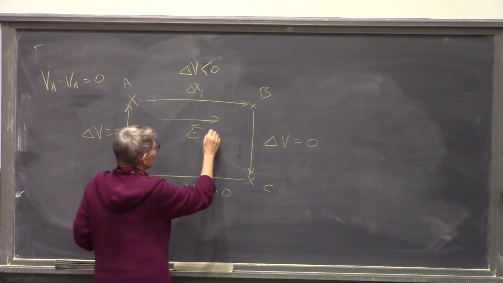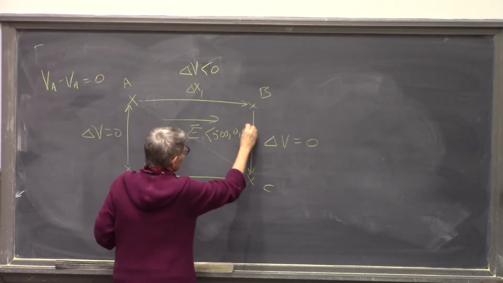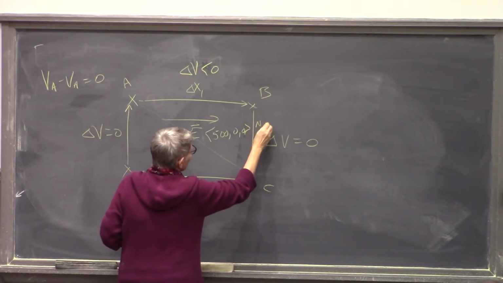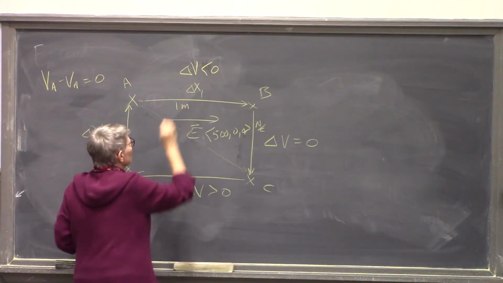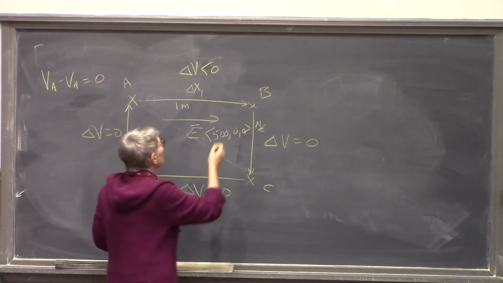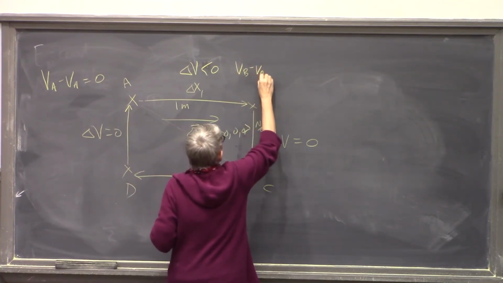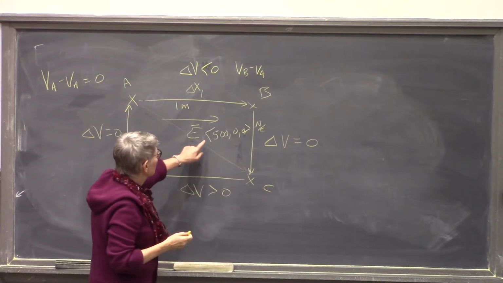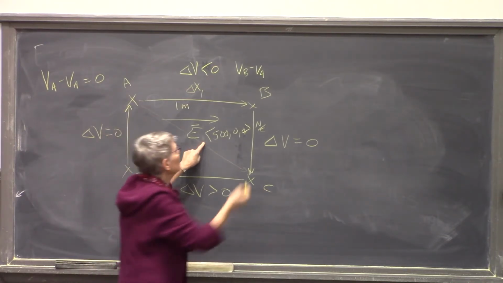So this is 500 newtons per coulomb, and let's say this distance is 1 meter, just to make our lives simple. Okay, so VB minus VA would give us a minus 500 volts, right?